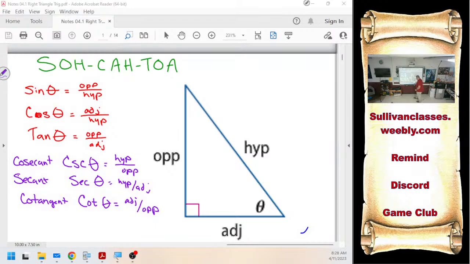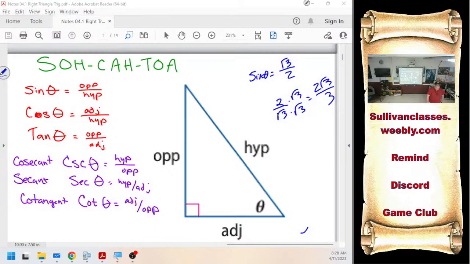So what happens when I get something like the sine of theta is square root of 3 over 2, and then I say, go find the cosecant? Well, now it's 2 over square root of 3, but no radicals downstairs. That's cosecant. You have to rationalize it. Okay?